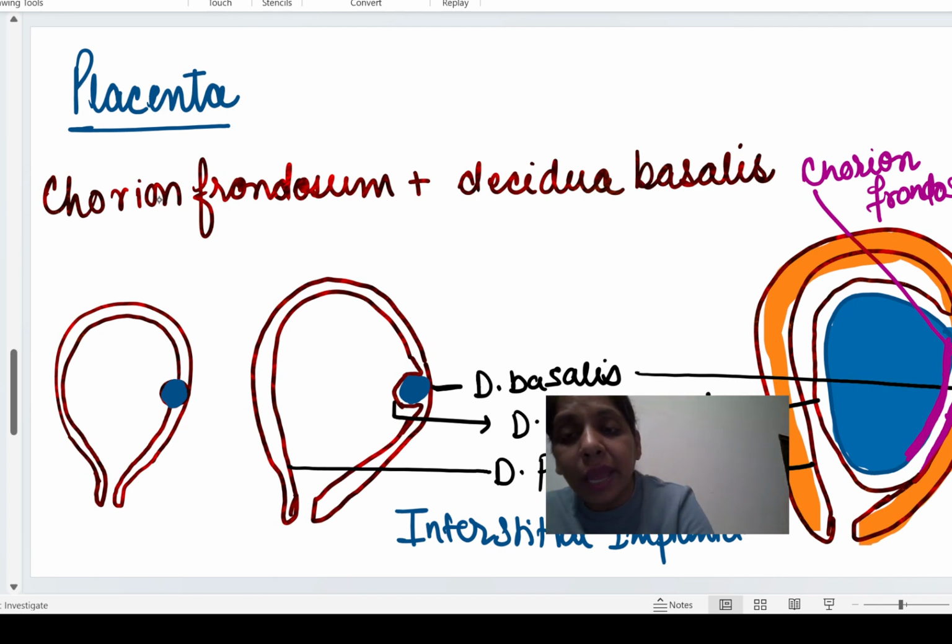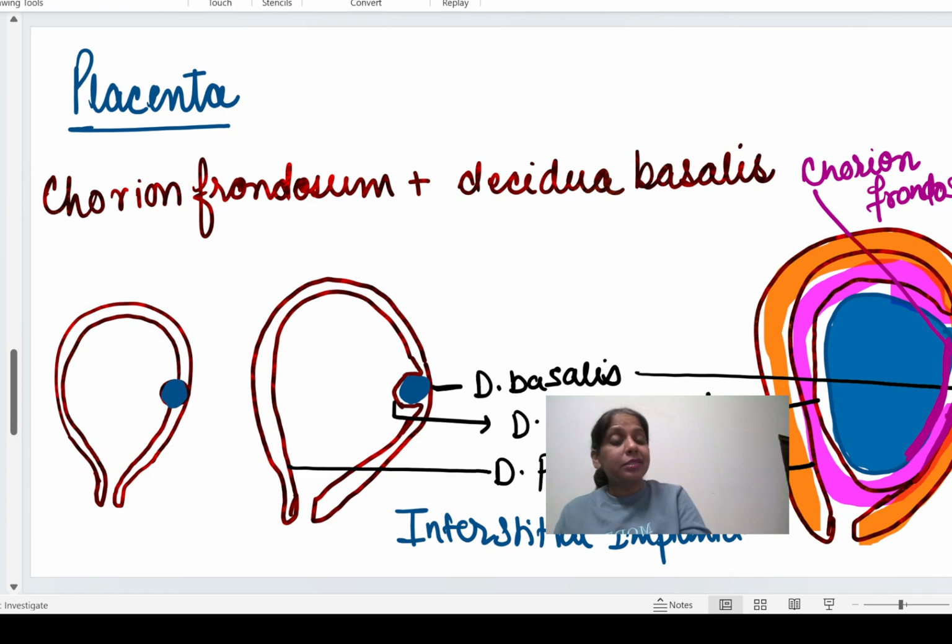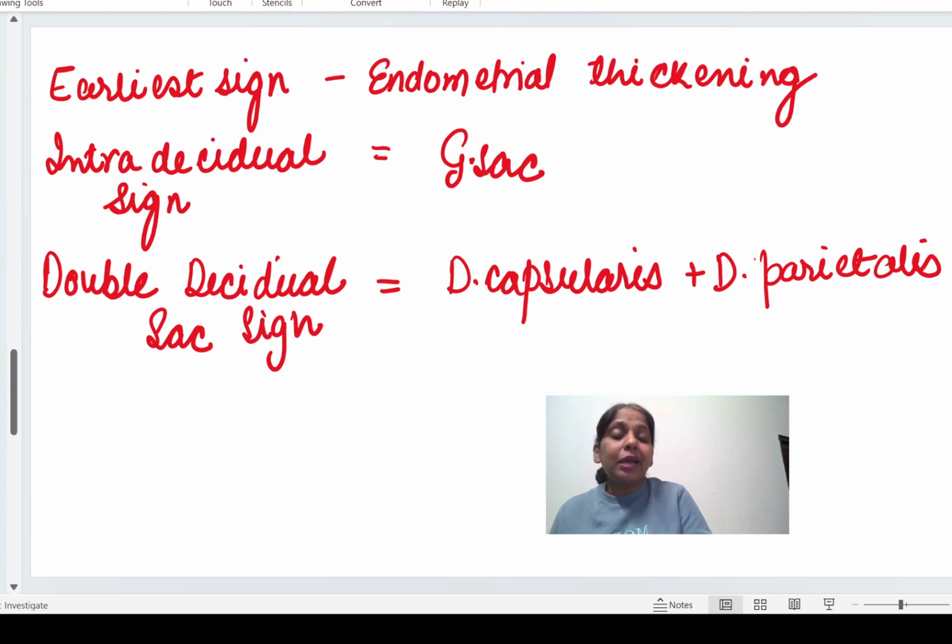And another sac which I will be drawing is this, the decidua capsularis sac. So that is the double decidual sac sign. When we make reports, we write DDSS. What is DDSS? Double decidual sac sign. DDSS is formed by decidua capsularis and parietalis.